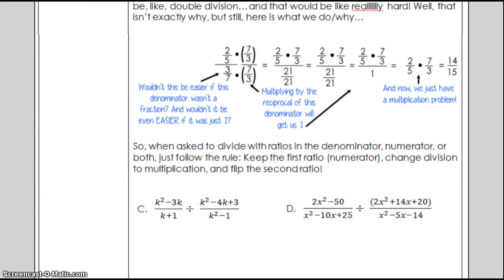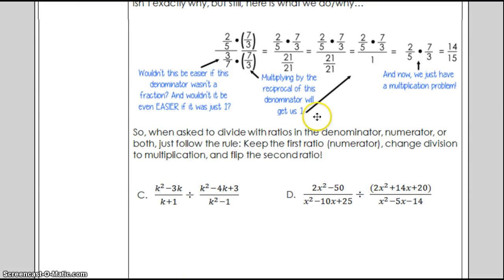All right, so division is actually very similar to multiplying, and here's why. When we have a fraction on the bottom, or try to divide by a fraction, then it's complicated. It's a lot harder to do. So what makes it easier is if we multiply by its reciprocal.